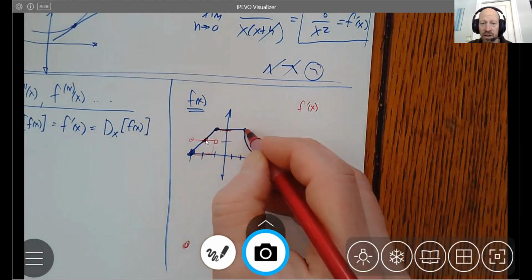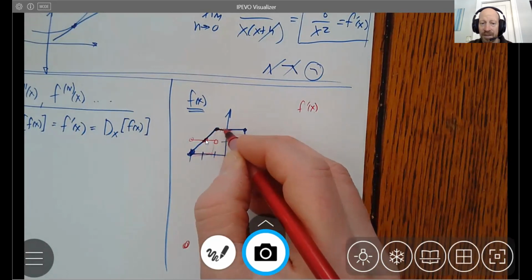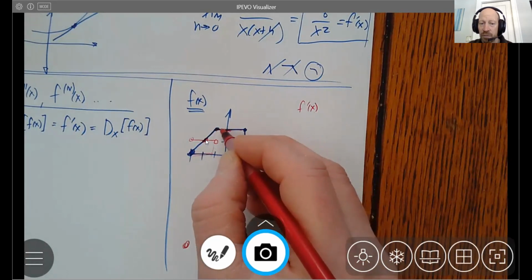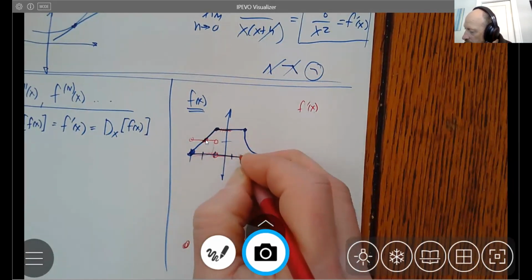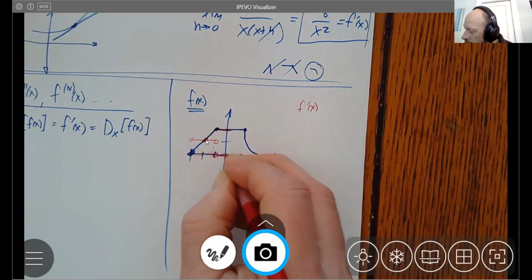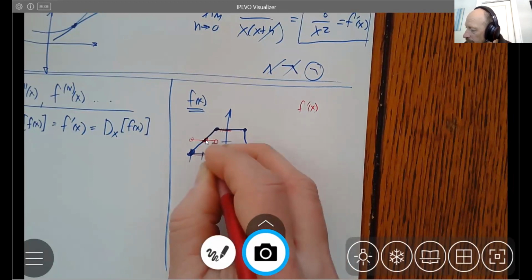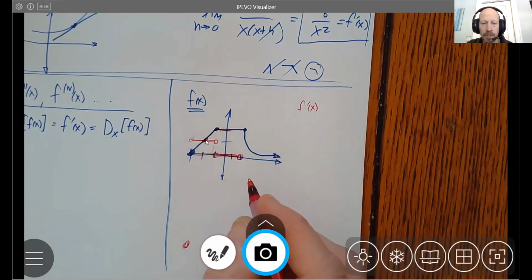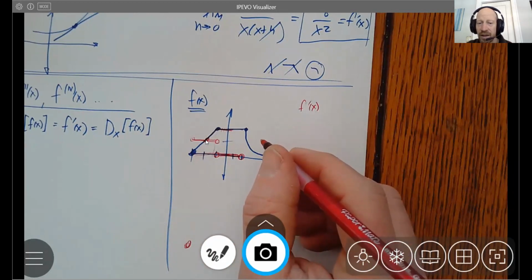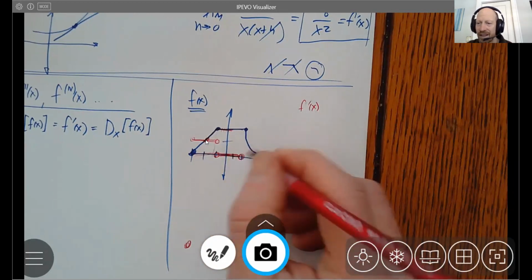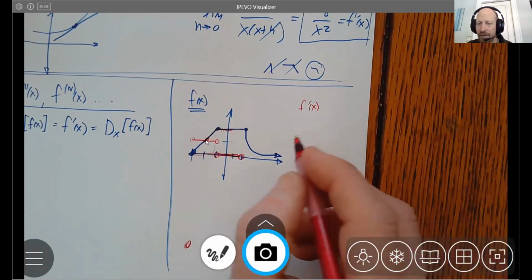Well, this is a horizontal line, so the slope has to be 0 for every one of those. So again, open circle there, and an open circle there. So I'm just looking at each value and trying to calculate what those slopes are from that value.